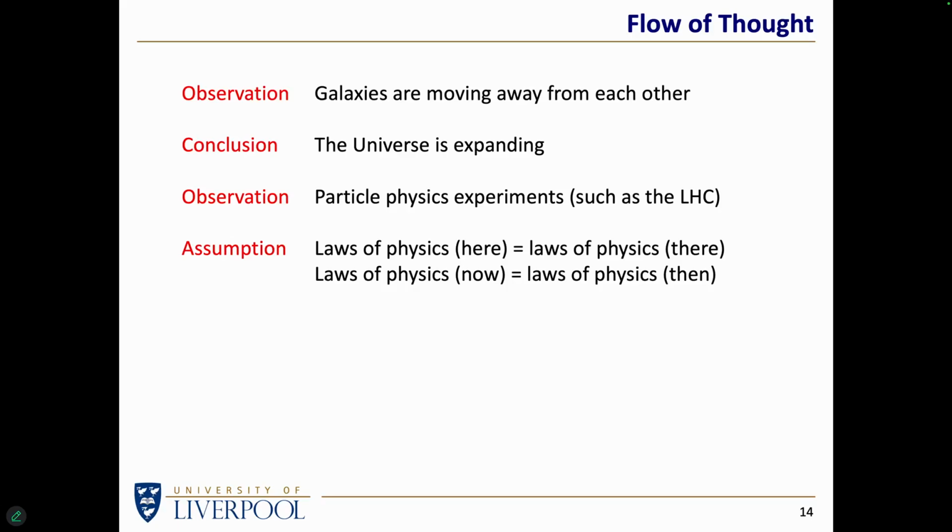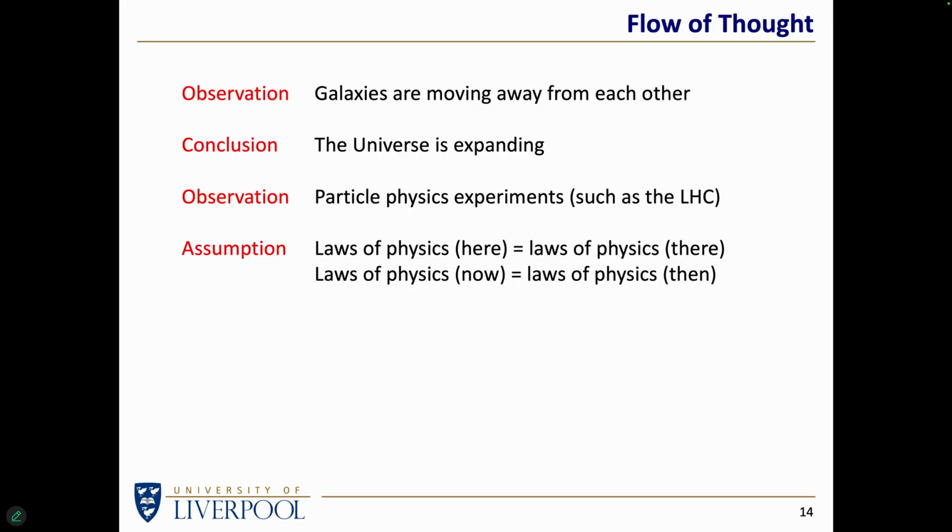If that wasn't the case, if the laws of physics changed depending on where you were, or changed from one day to the next, then we would have no chance whatsoever of making sense of the world around us, or the universe around us. If we could not rely on those laws, then all bets are off.